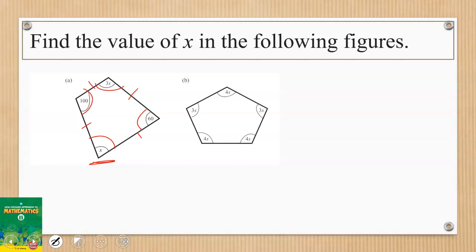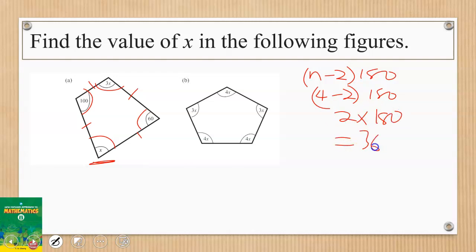According to what we learned, it will be n minus 2 times 180, and n is 4. So 4 minus 2 times 180 gives us 2 times 180, and the answer will be 360.